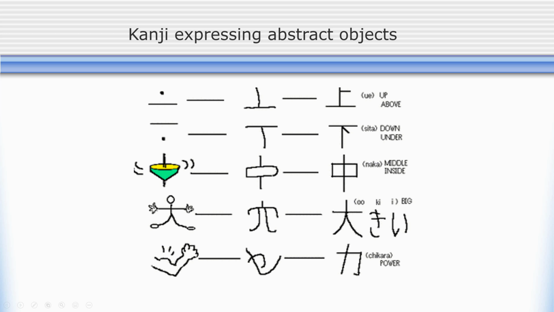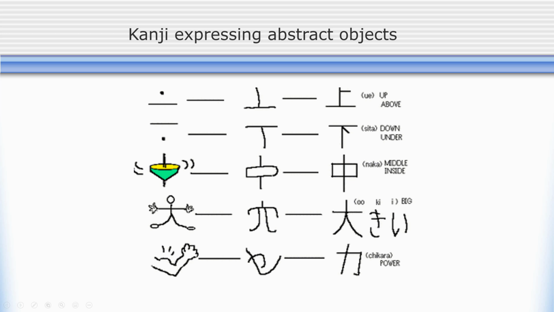an idea. So historically, when the first kanji were used, they might have used like a dot above a line to represent something being up. And over time, that evolved into the kanji that we use for up, ue, nowadays. The same with the kanji for shita. We might have used a dot below a line.